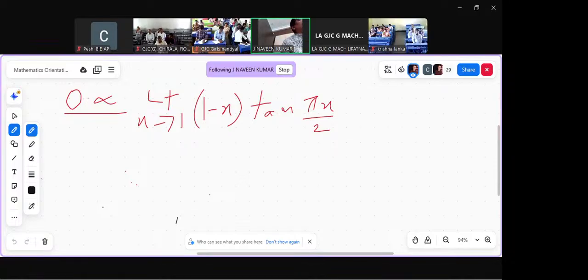If you observe, as x tends to 1, 1 minus 1 is 0, and tan pi x by 2 is infinity.